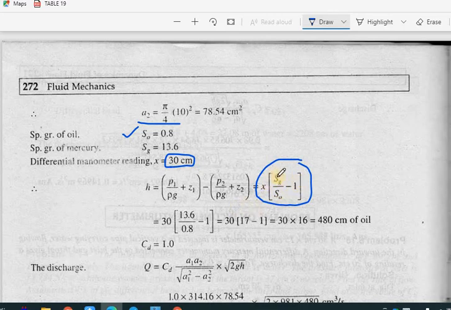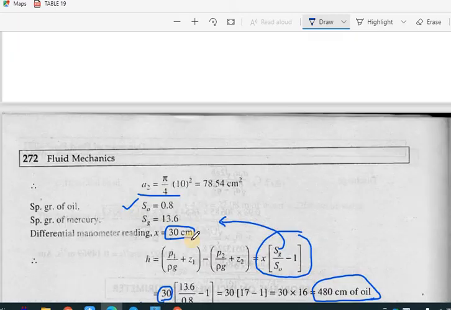The specific gravity of the heavier liquid is 13.6, because the differential manometer is containing mercury. The specific gravity of the lighter liquid is 0.8, which is oil, minus 1, and the differential manometer reading was coming out to be 30. From here we can calculate the x value, which is the differential manometer reading, coming out to be 480 centimeter of oil.